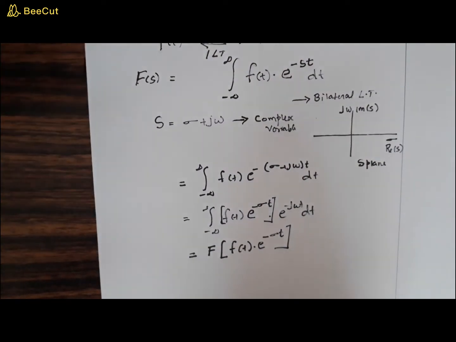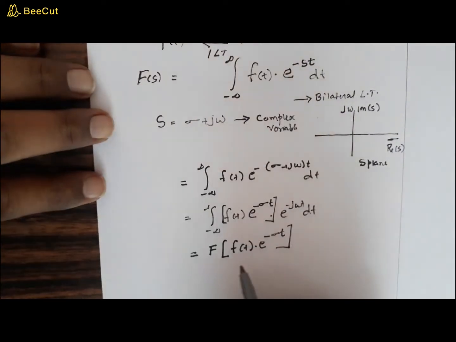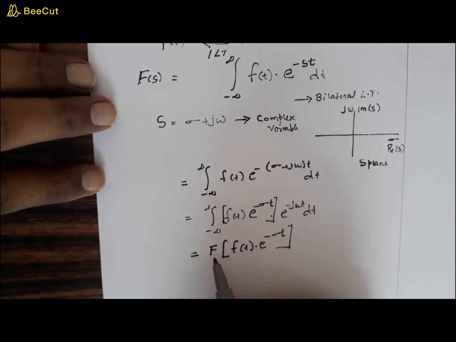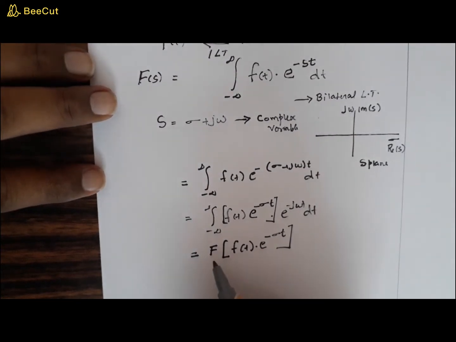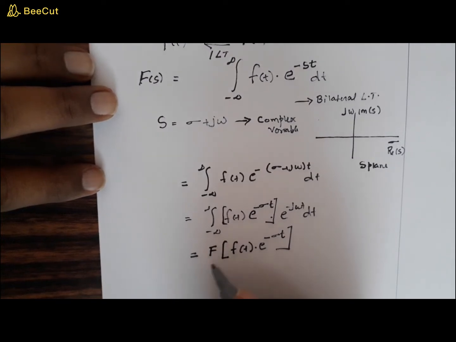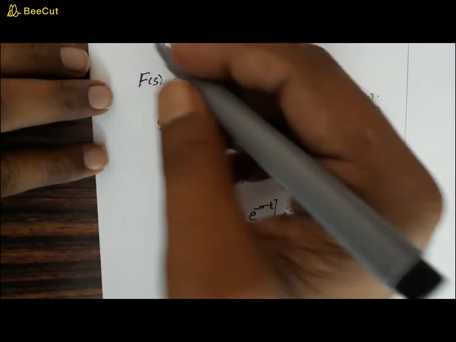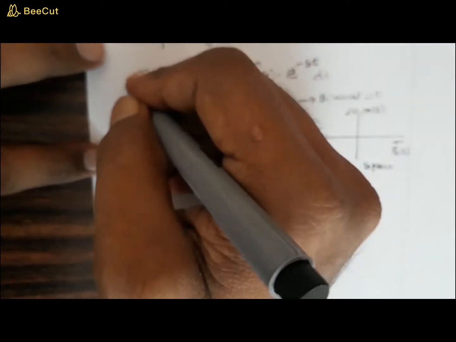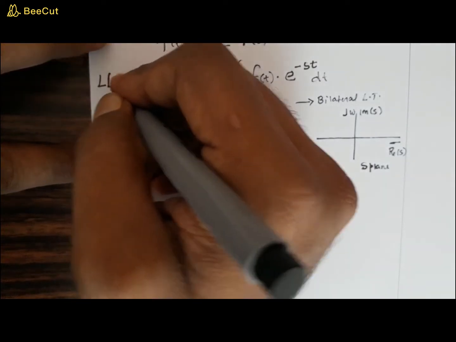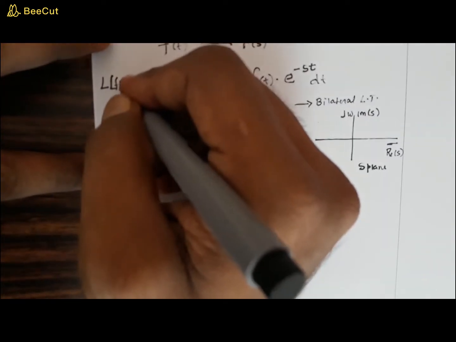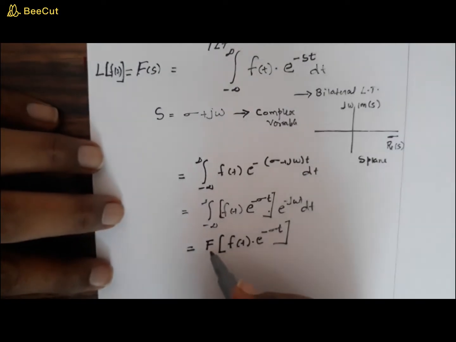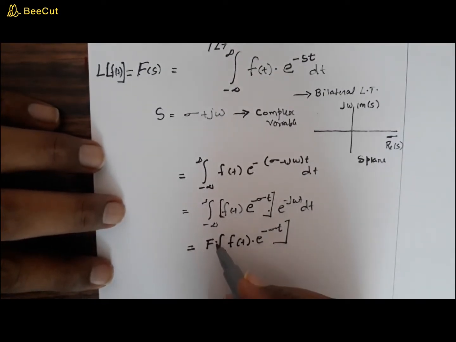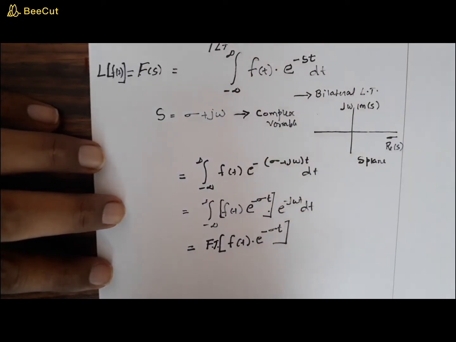So that's the major relationship between F of s and the Fourier transform. This can be called the Laplace transform of f of t, which is defined as F of s. So this is nothing but the Fourier transform of f of t into e raised to minus sigma t.